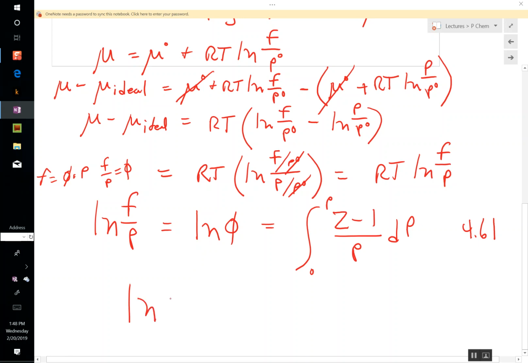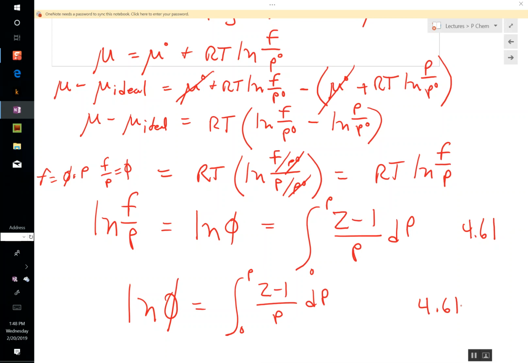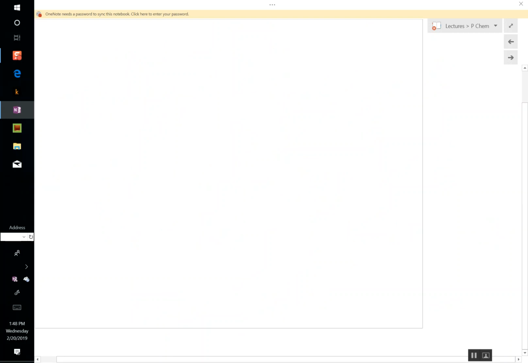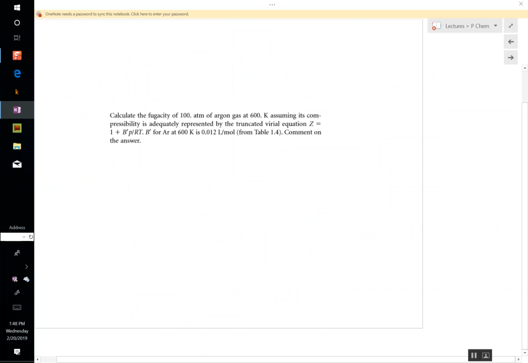So the ln of phi, this fugacity coefficient, is equal to... okay, I was going to have you do this calculation, but you got that equation? I'll write it again, just a second. Here's this.